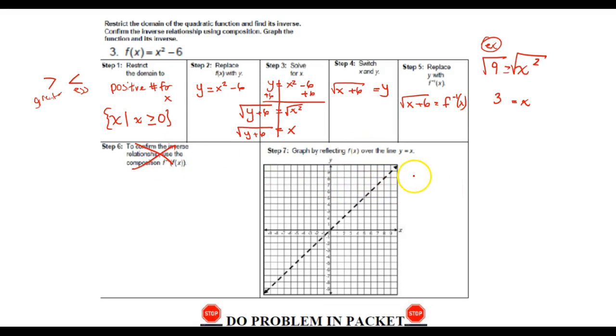Graphing both x squared minus 6 and the square root of x plus 6 using our Desmos calculator, which we'll go ahead and do right now. And notice how, since we're restricting it just to the positives, we're only going to really include this quadrant here. We're just going to see if they are indeed inverses. So let's look at that on our Desmos calculator.